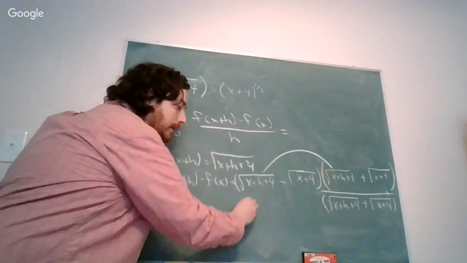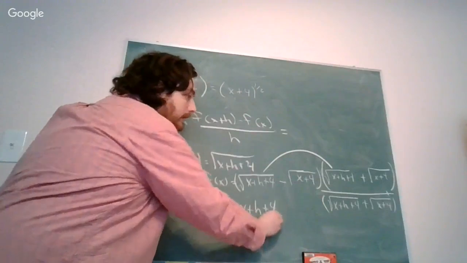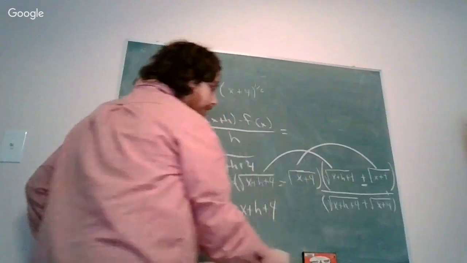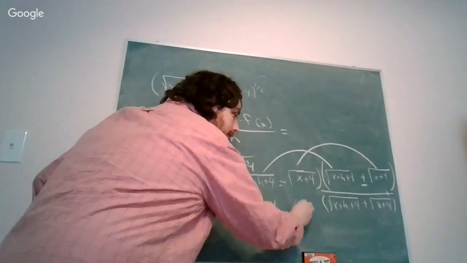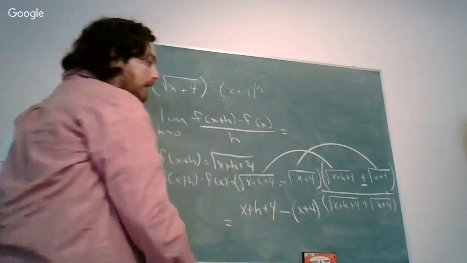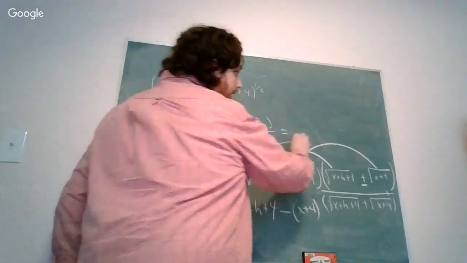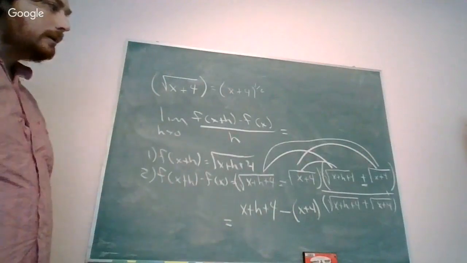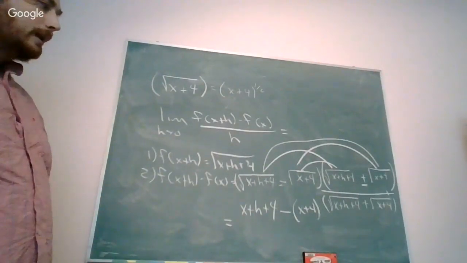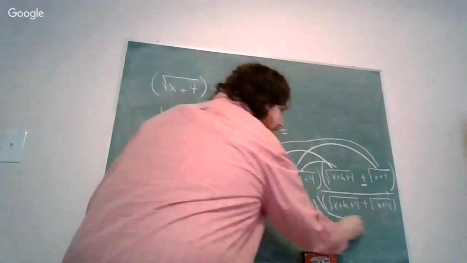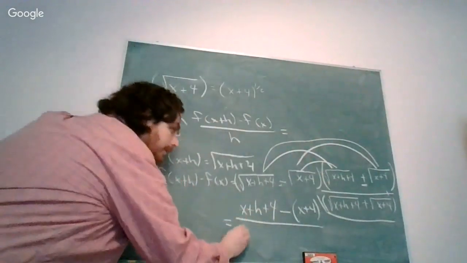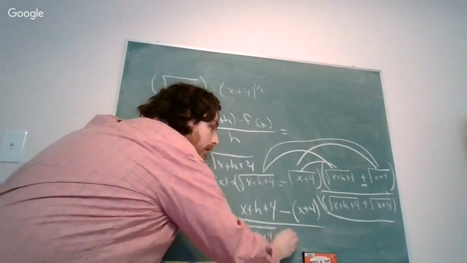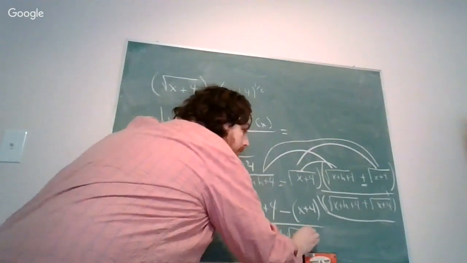So on top I end up with x plus h plus 4, and then, with a negative times a positive, I get minus x plus 4. This one times this one cancels out with this one times this one, because one's positive and one's negative. All I'm left with is this over the bottom, which is still the square root of x plus h plus 4 plus the square root of x plus 4.